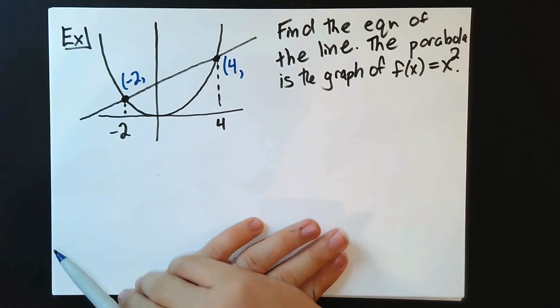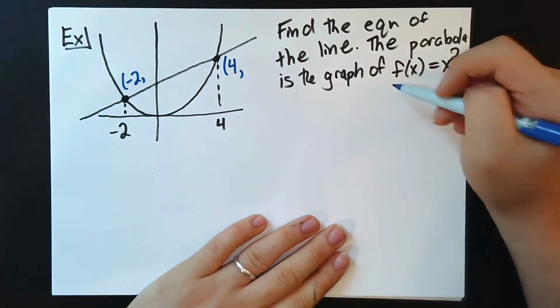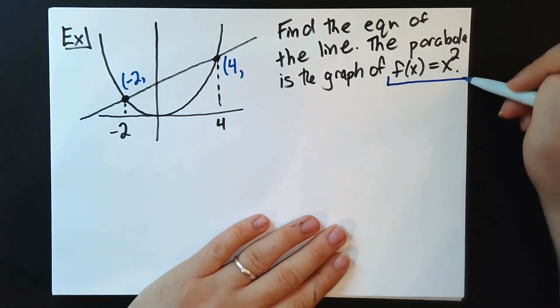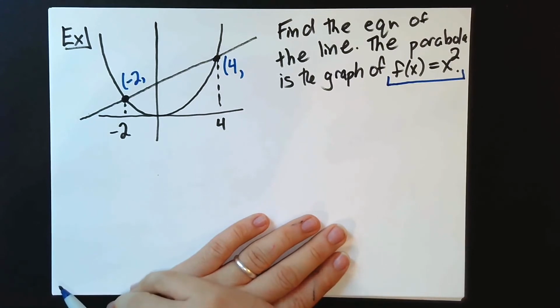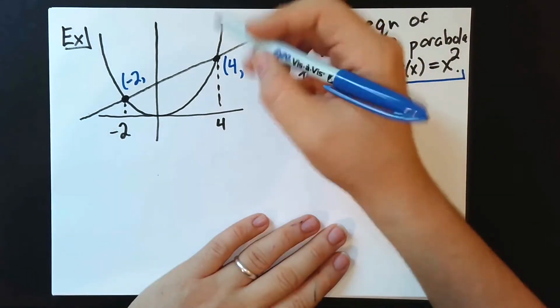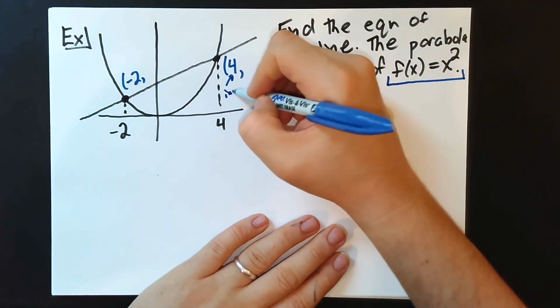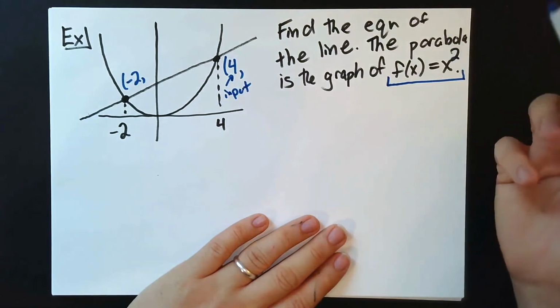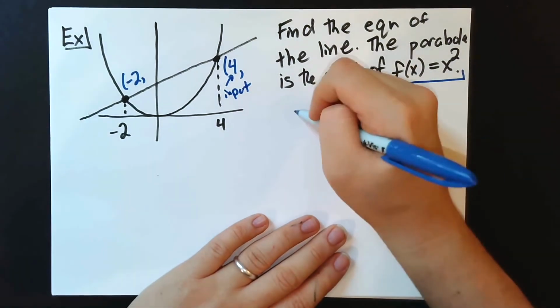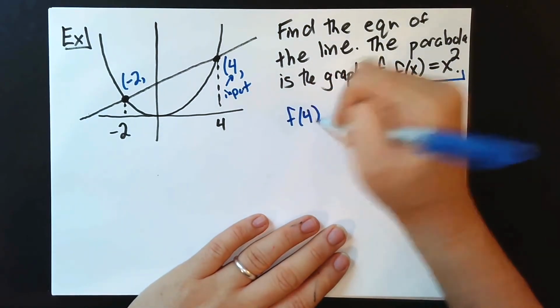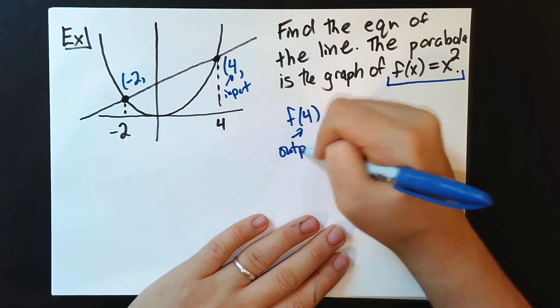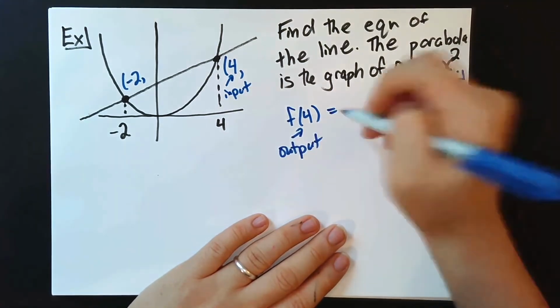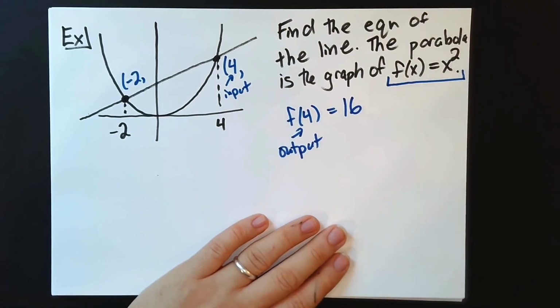And the thing I can do to do that is I can use the fact that both of these points happen to also be on the graph of f of x is equal to x squared. Namely, I have here the input 4, and I want to know what output that corresponds to. Well, that corresponds to the output, f of 4, which is 4 squared, which is 16.